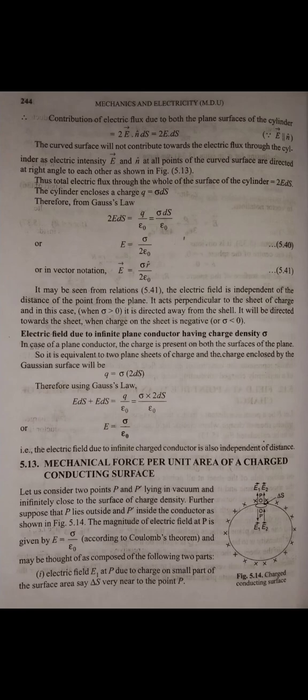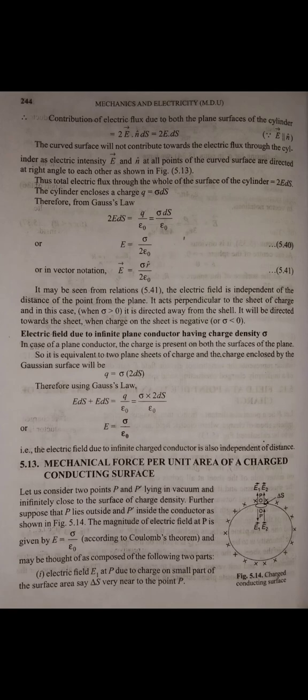Therefore, the contribution of electric flux due to both the plane surfaces of the cylinder is equal to 2 E vector dot n cap dot ds, which is equal to 2 E dot ds, because E vector is parallel to n cap.